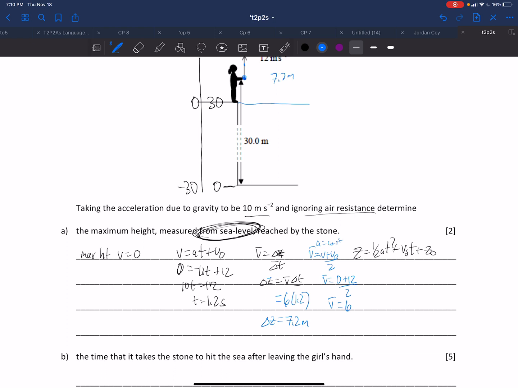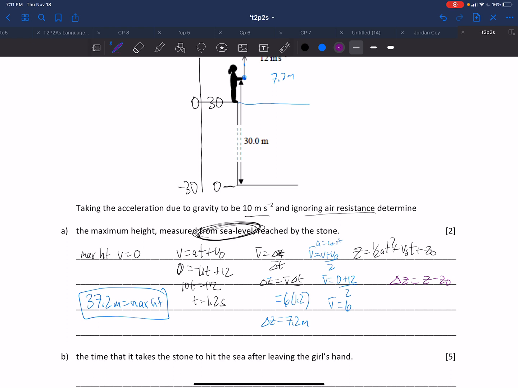And so from here, it's going to go 7.2 meters. From sea level, it is 37.2. So we're looking at 37.2 meters equals max height. And to go further with that, we remember that delta z is z minus z naught.